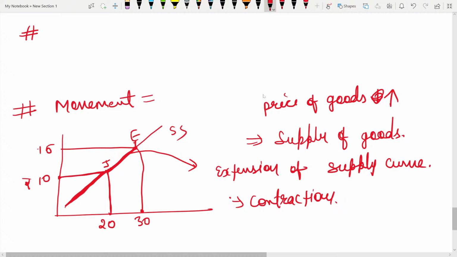As price falls, the quantity supplied also goes down to 20. So this is just contraction. Goods are shrinking from 30 to 20. So this is contraction of supply.